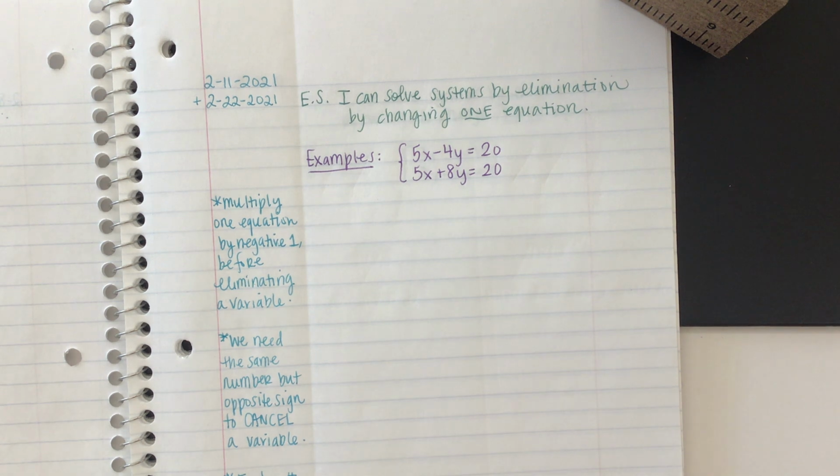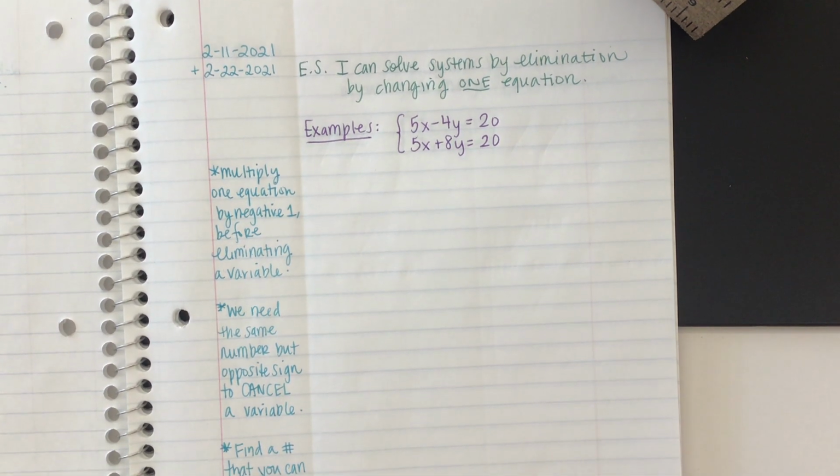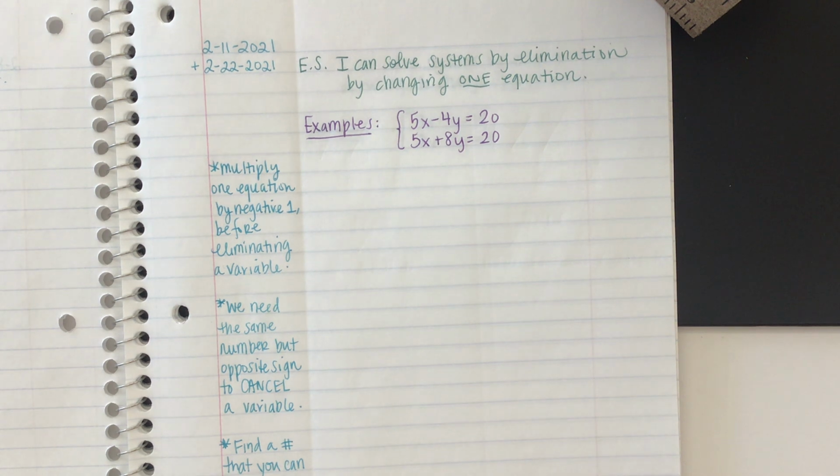I can solve systems by elimination by changing one equation. So this is different now, but let's go ahead and look at our first example. 5x minus 4y is equal to 20, and 5x plus 8y is equal to 20.